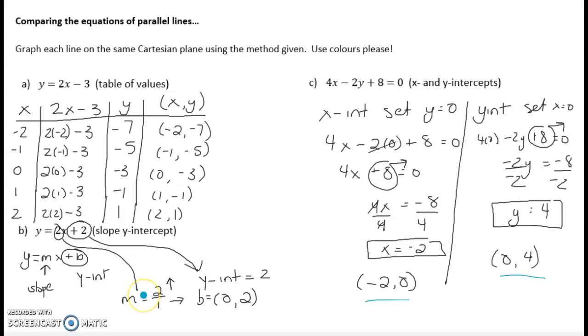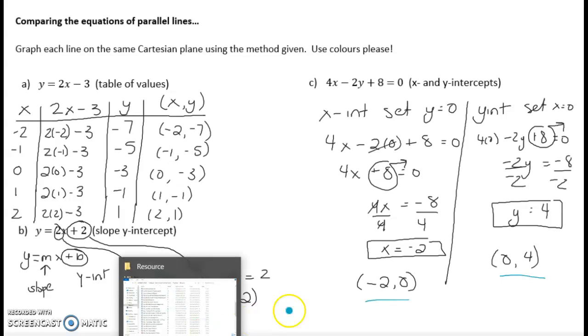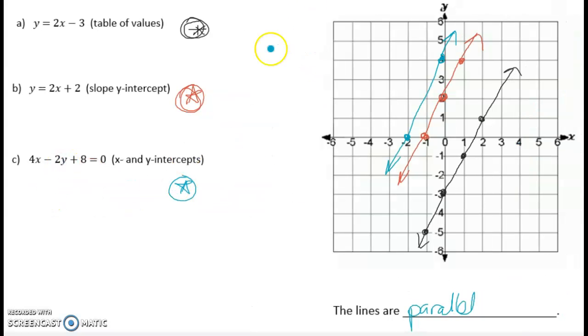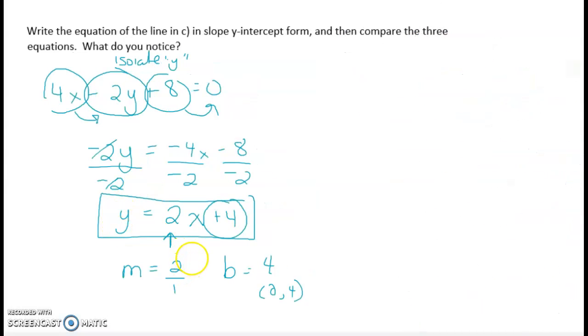Actually, the most important thing, what I really meant to say, is that the slopes are all the same. This one, 2 over 1 slope. Okay? When I did it this way, my slope, one more over. Okay, my slope, 2 over 1. So they all have the exact same slope.